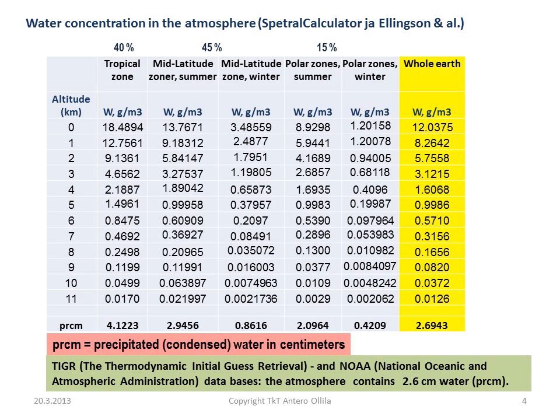And as you can see, I have used just a single figure to indicate how much water there is in the atmosphere. That figure is called prcm, precipitated water in centimeters. It means that we condense all the water which is in vapor form in the atmosphere, and in this way, the result is in centimeters.